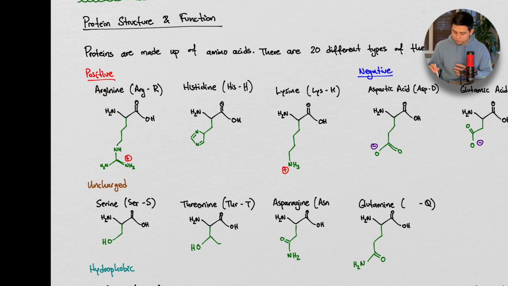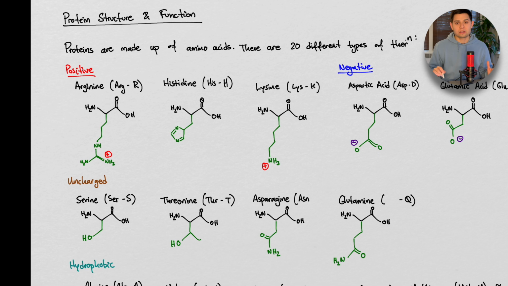So we have arginine, histidine, lysine. These are all the positive amino acids. So when we say positive, negative, and all this kind of stuff, we mean that at physiological pH, right? Physiological pH, that is around 7. And if you don't know what pH is, that's a topic for chemistry, which is something that I'm very interested in going over as well.